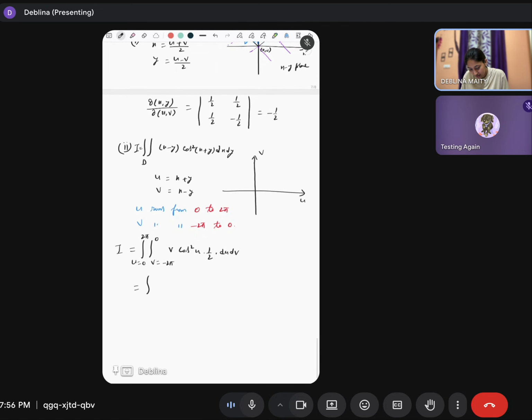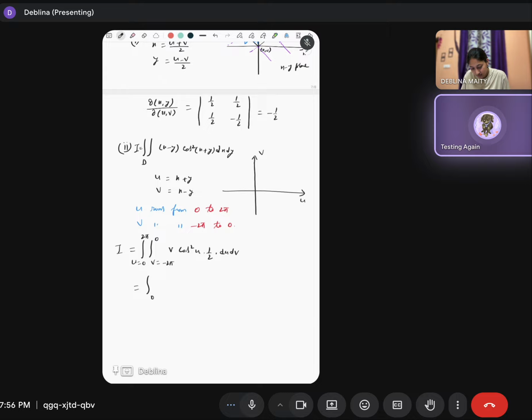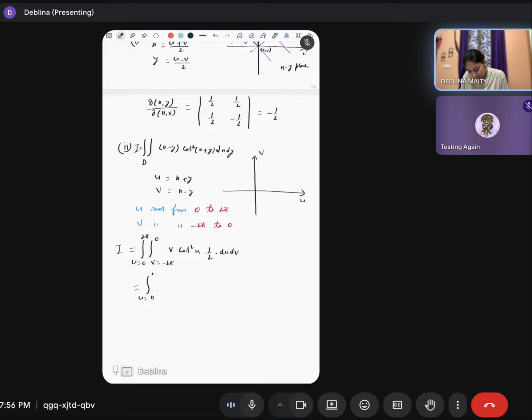Now if we integrate, since u and v are independent, we can separate it. u from 0 to 2 pi is cos square u du, and v from minus 2 pi to 0 is v dv, and there is a half, right?